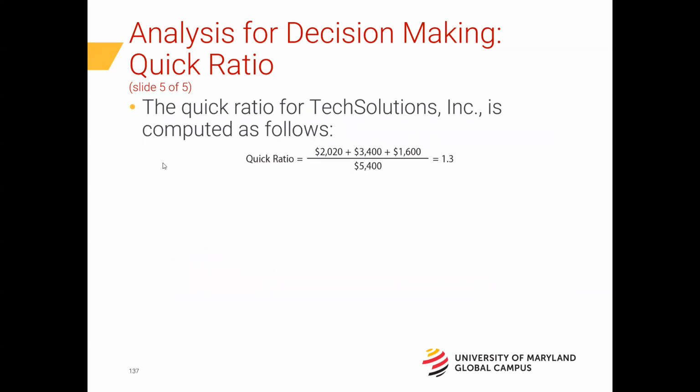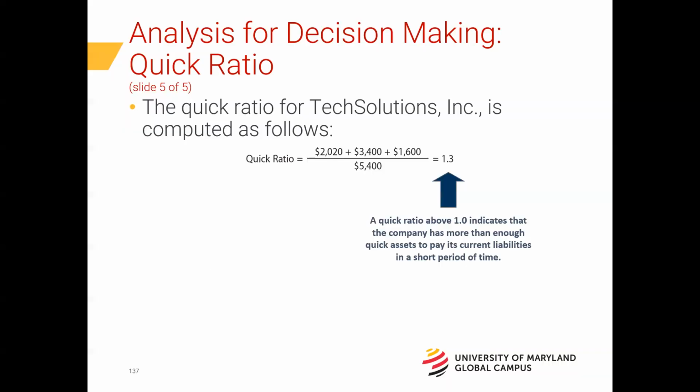Quick ratio is 1.3: cash plus your cash equivalents, which would be accounts receivable and investments, divided by current liabilities. So 1.3 quick ratio. And with quick ratios, anything above 1 is considered good. It's considered enough to pay its current liabilities.